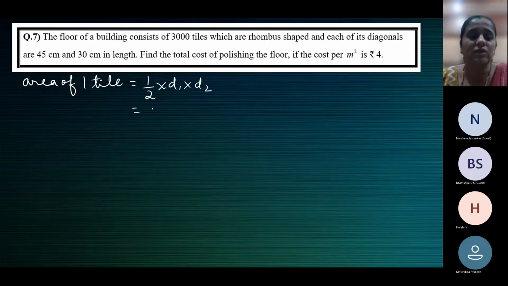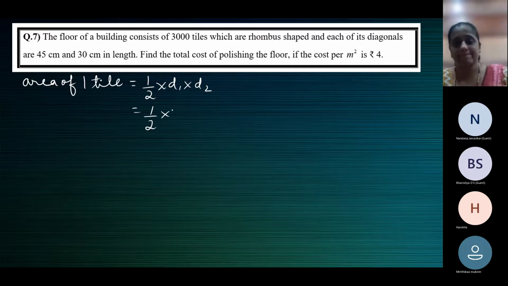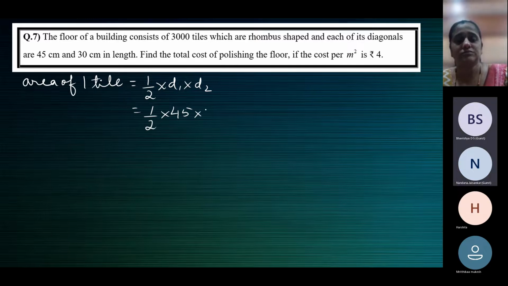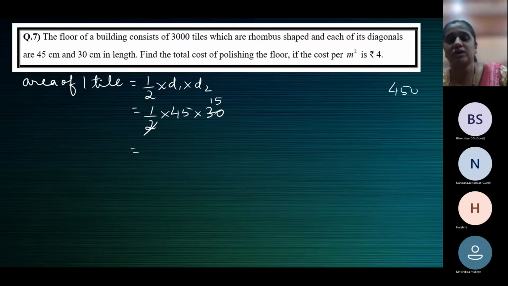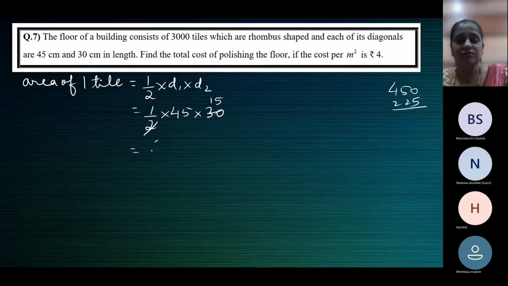So what's the value of D1? 45 centimeter, ma'am. What is D2? 30 centimeter. So half is 15, 45 into 15: 450 and 225, so 675 centimeter square.